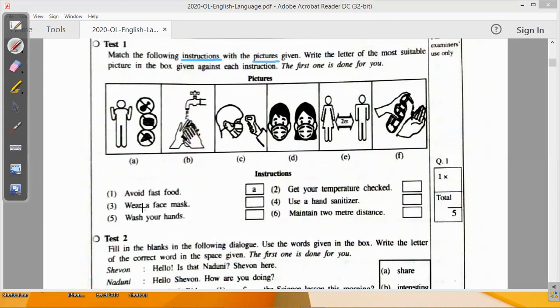Okay, now let's read this. What they have said is, write the letter of the most suitable picture in the box given against each instruction. The first one is done for you. Now before moving to this question, this is a passive voice sentence. The first one is done for you, right?